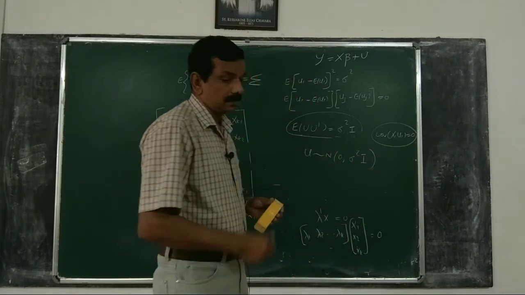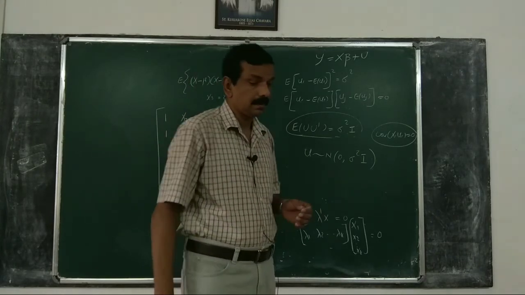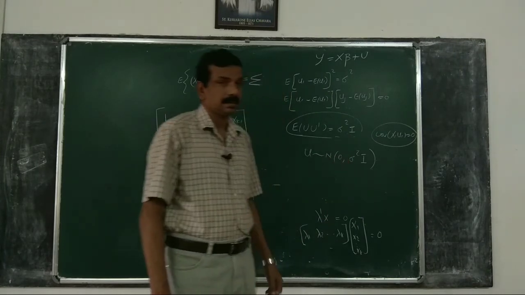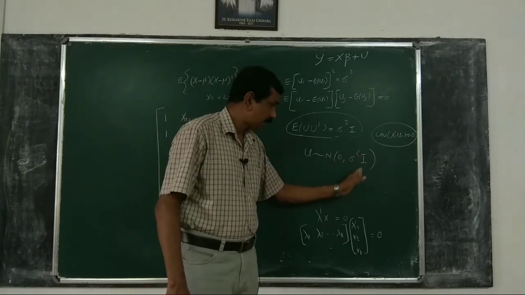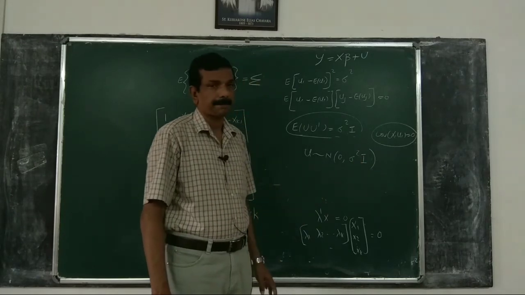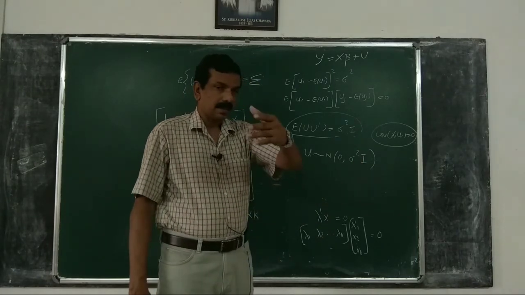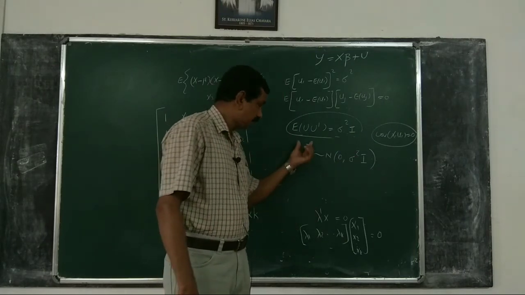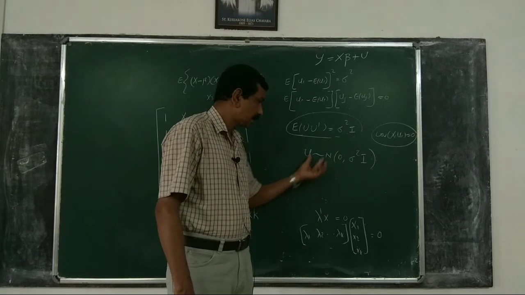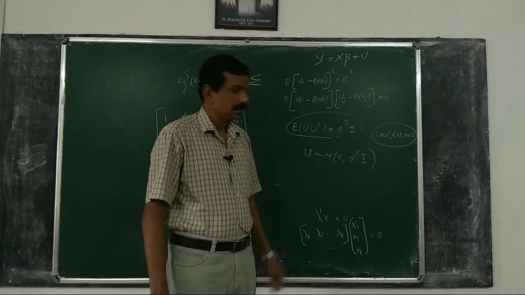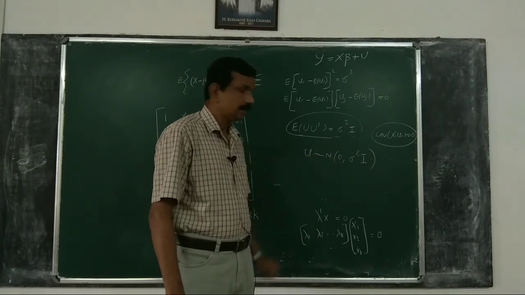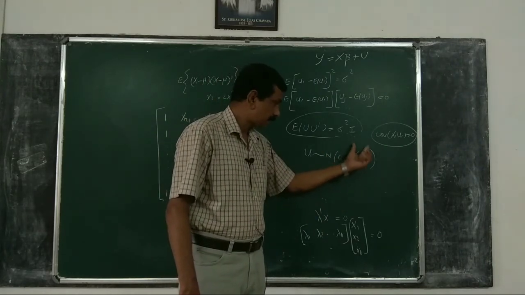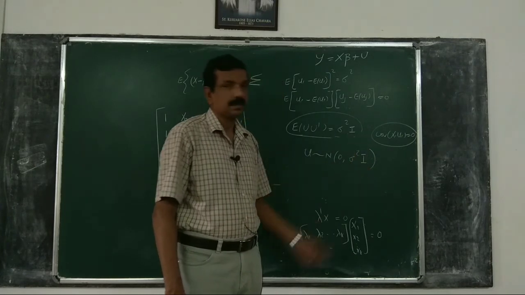The vector U is normal with the mean vector, a null vector, and variance covariance matrix sigma square I. In the last class, we have seen how to read it. The variables in the vector U are distributed according to the multivariate normal law with the mean vector, a null vector, and variance covariance matrix sigma square I.